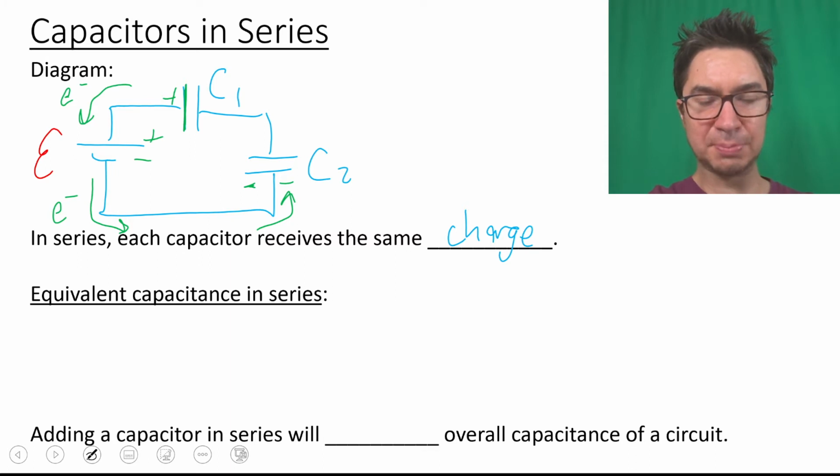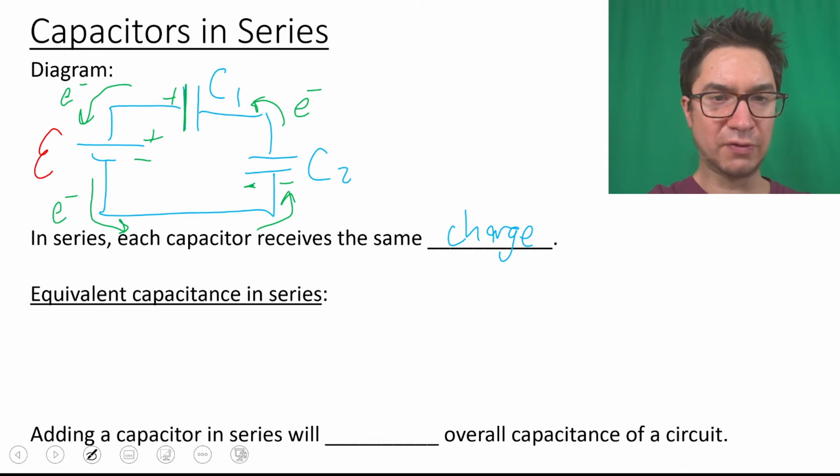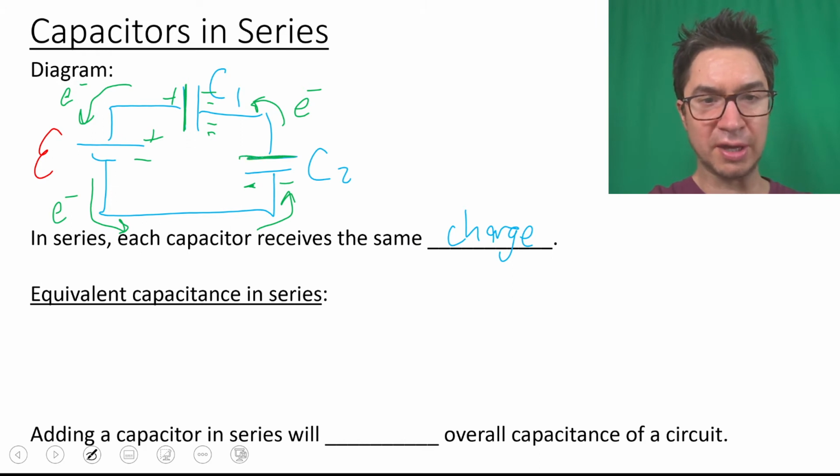And because this plate is negatively charged, it's going to push electrons away in this wire, this way. And so this plate over here will now be negatively charged. And because electrons leave this plate right here, this plate is going to be mostly positively charged.